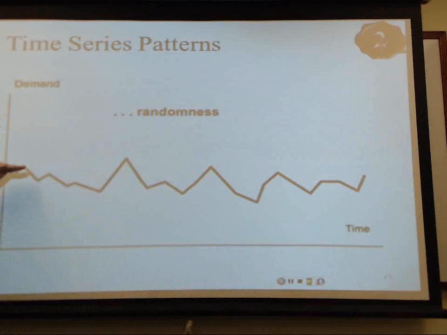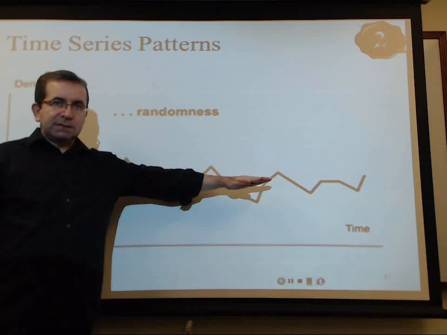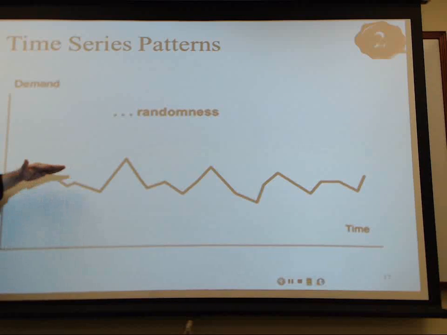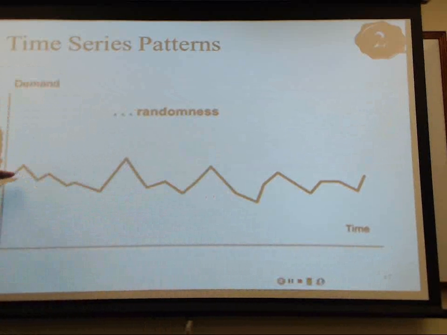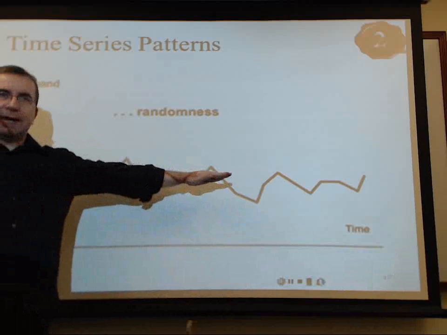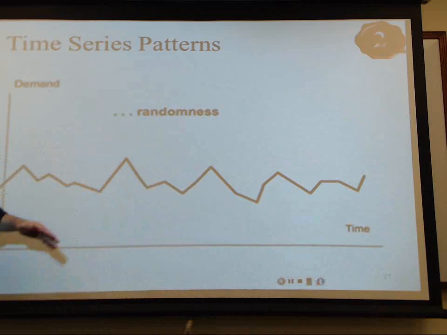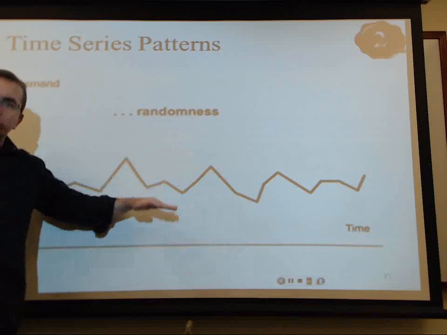And you have a pattern like this where your sales is constant, so you sell a certain amount every period, but you just have some random fluctuations around this constant average. So the average doesn't change, but every period you sell a little bit more or a little bit less. So you have a constant average and some random error.